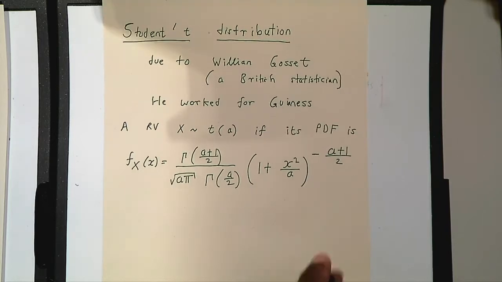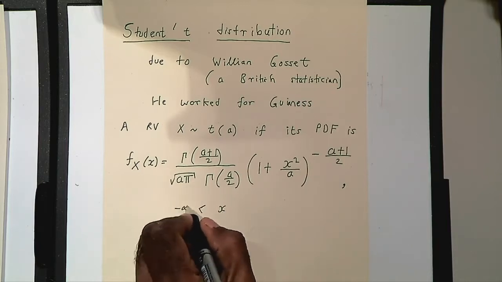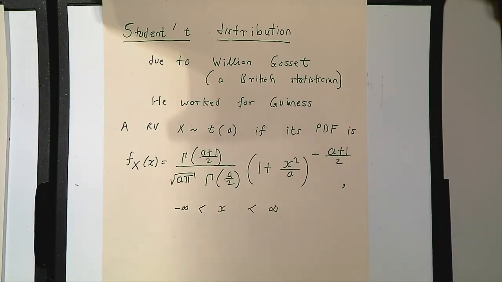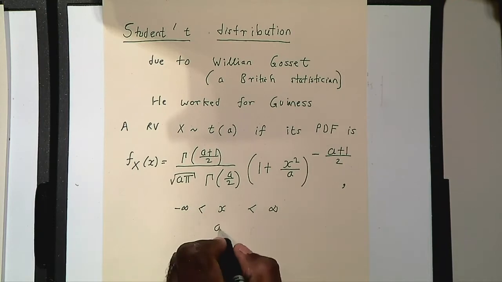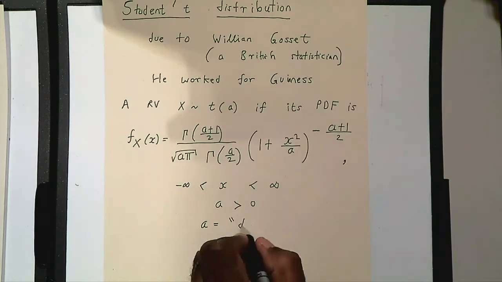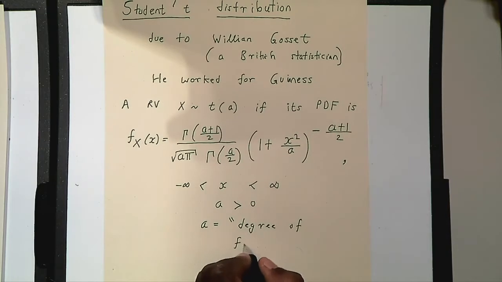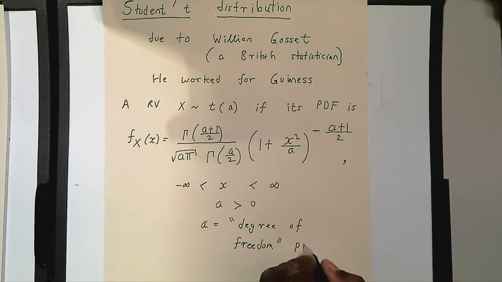Once again, there is only one parameter a, but this time x is defined over the entire real line. And a is, as before, a positive parameter, and once again a is referred to as the degree of freedom parameter.